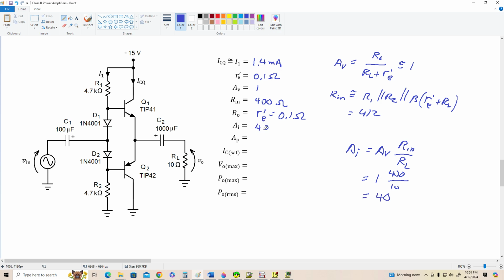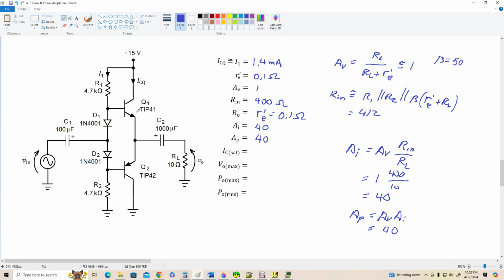Remember, current gain always has to be less than beta, and we're using beta equals 50. So that's a good sanity check. All right, our power gain, A sub P, is equal to AV times AI. Hopefully you remember that. So we've got AV of 1 times AI of 40. So it's also approximately 40. So we've got a power gain here of about 40.